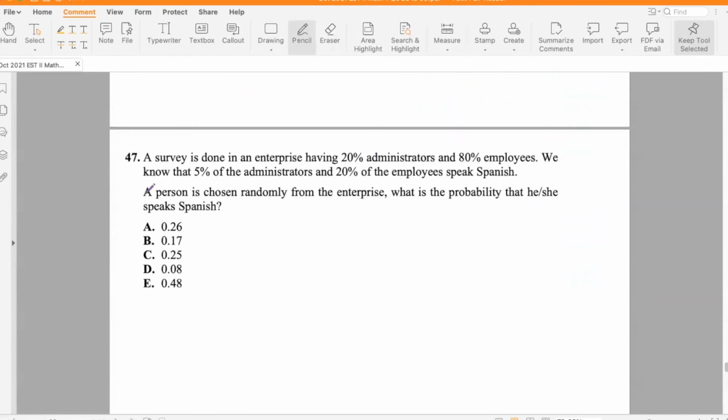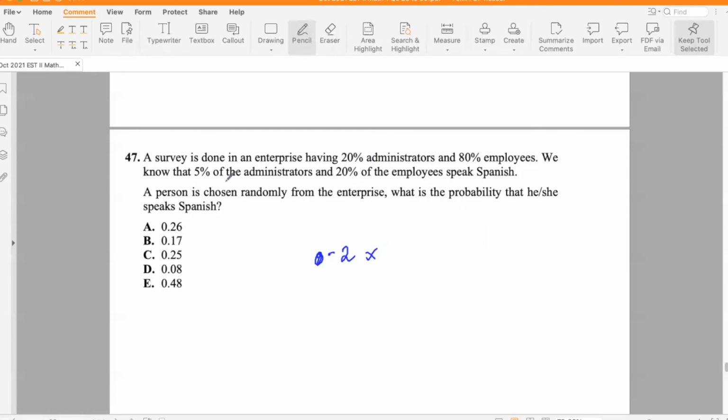A survey is done in an enterprise having 20% administrators and 80% employees. We know that 5% of the administrators and 20% of the employees speak Spanish. A person is chosen randomly from the enterprise. What is the probability that he or she speaks Spanish? Okay, so chosen randomly. So if they are an administrator, so 0.2 is the probability.